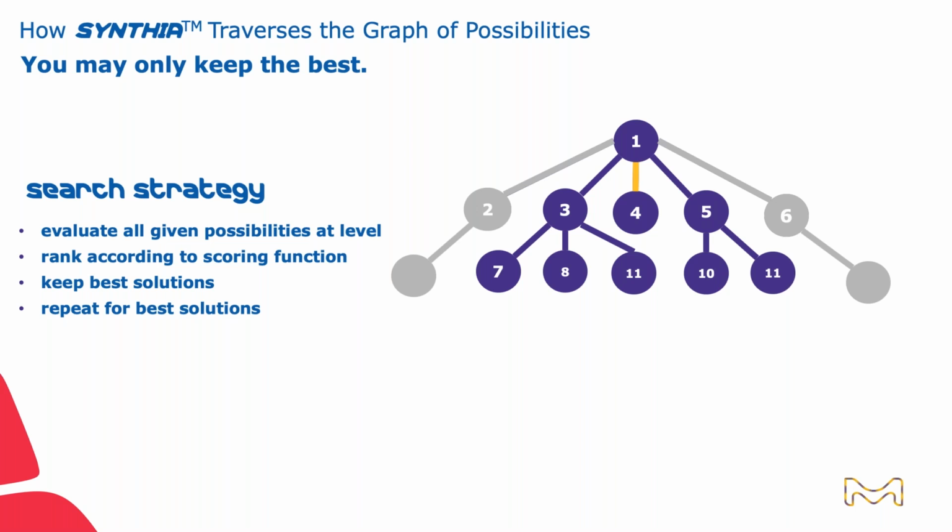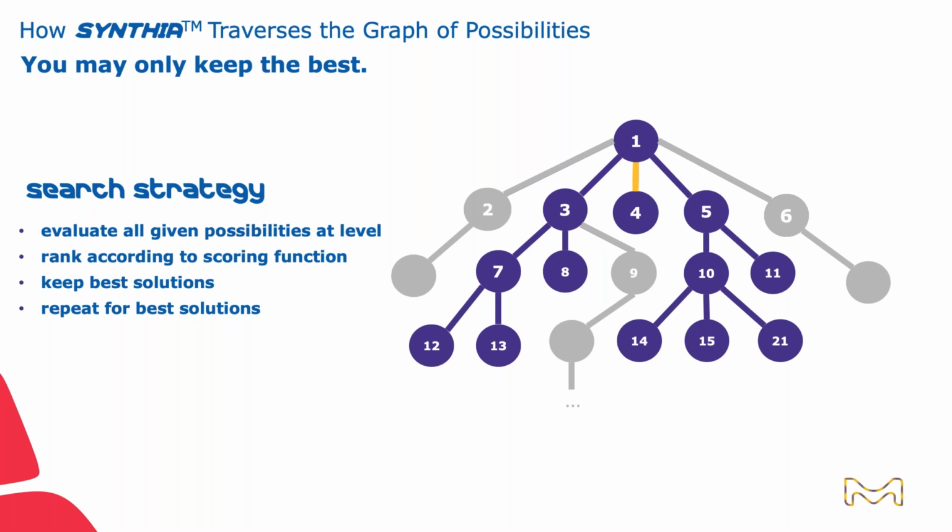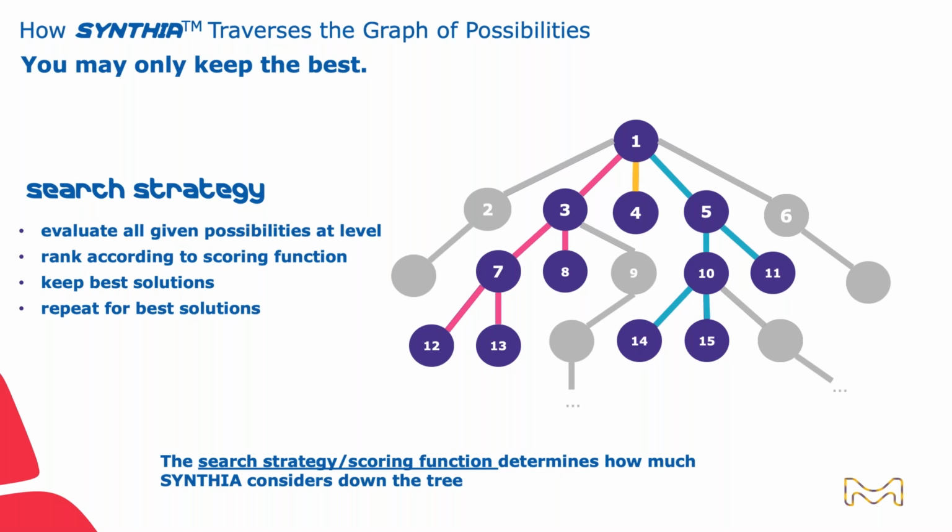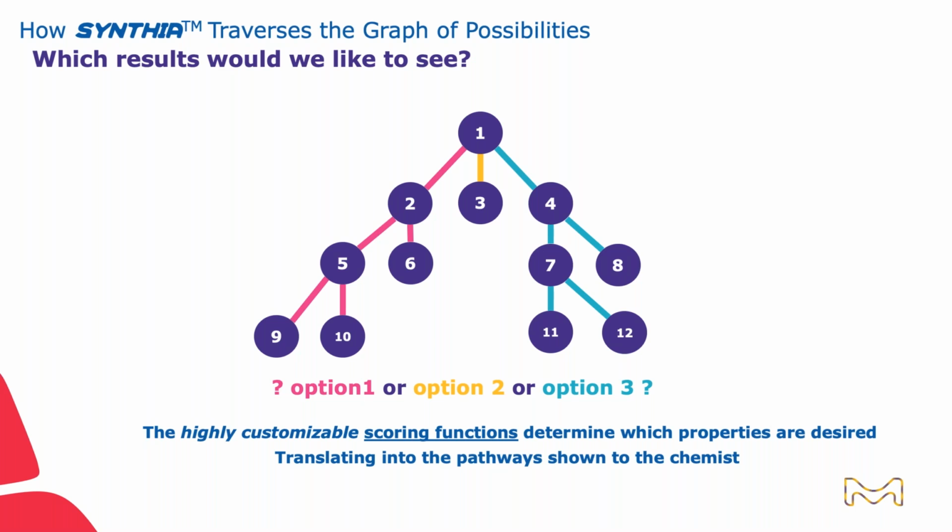It does the same thing again, scoring the cut as well as the overall path, eliminating any dead-end directions, and continuing to expand those nodes until it finds whole paths that terminate in commercially available or known starting materials. Then it scores all of these overall paths and ranks them so that it can show you the best paths first.